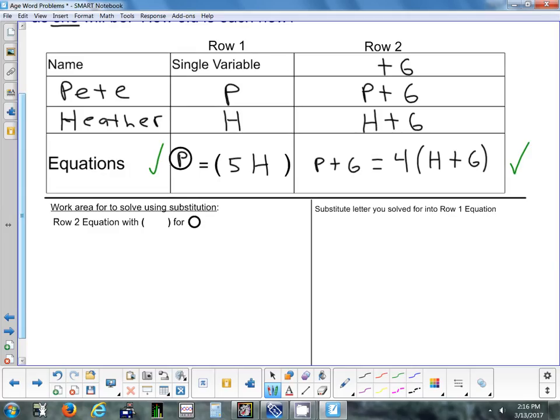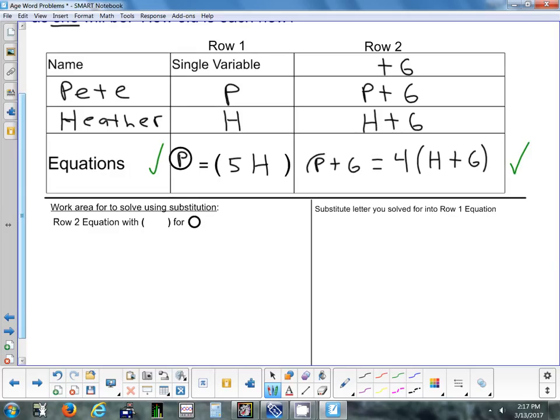Now we're actually doing the substitution step. What letter are you going to substitute? P in which equation? The first one or the second one? You're not changing P in the first one. We're changing P in the second one.